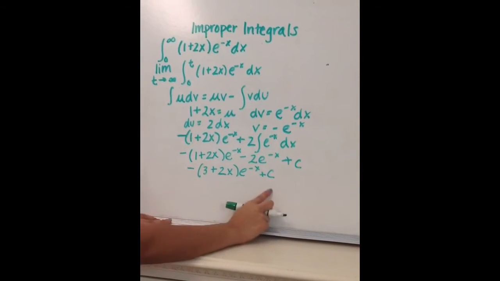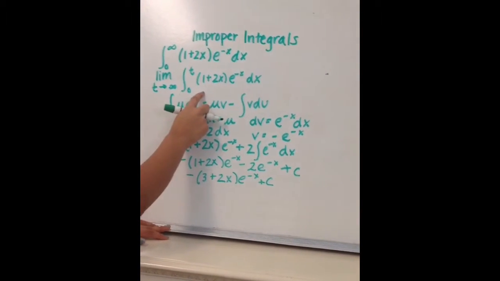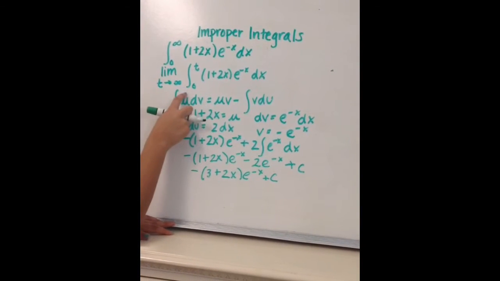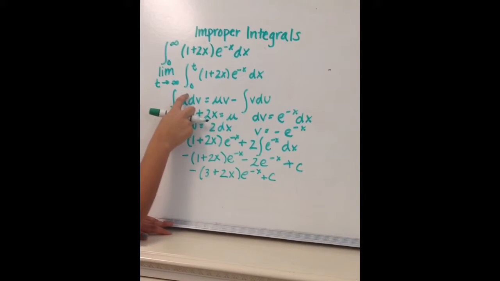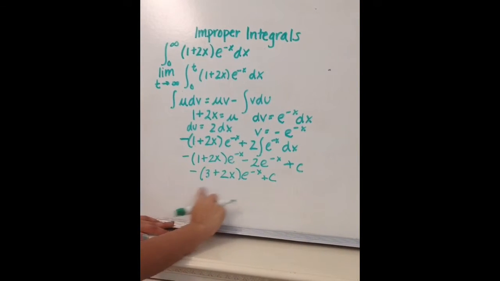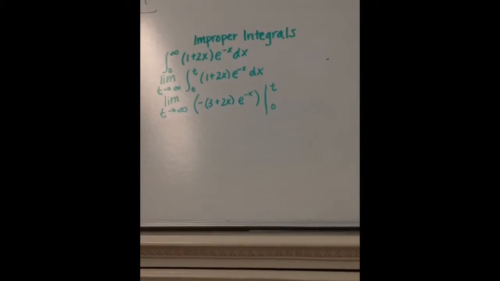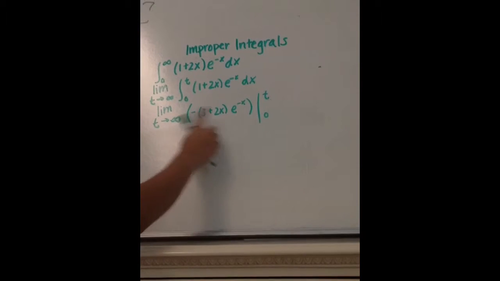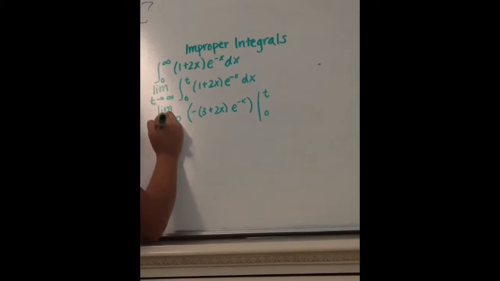So now that we have that, we could go back to this and use the limit as t approaches infinity of the integral 0 to t of this expression. So instead of evaluating this integral with a negative, we could switch these two and then get rid of the negative.